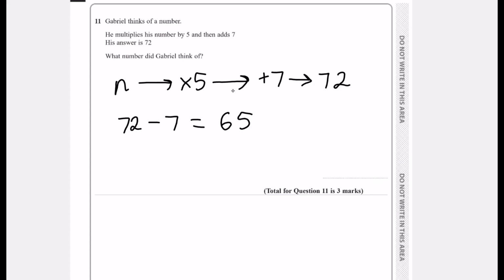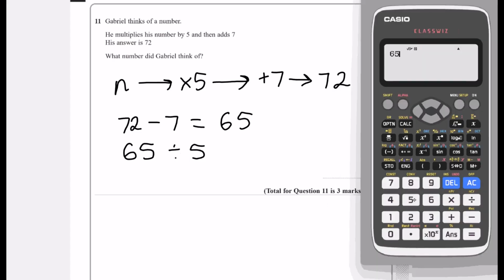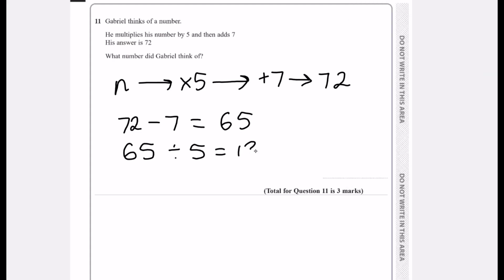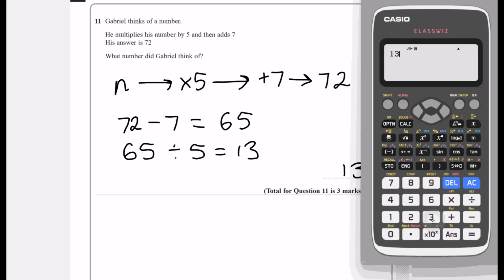He times by 5 to get 65, so we want to do the opposite of timesing by 5. The opposite of multiplication is division. So we divide by 5 to go backwards, and we get 13. And that must be the number. So if you start with 13, times it by 5, you get 65, and add 7, you get 72.